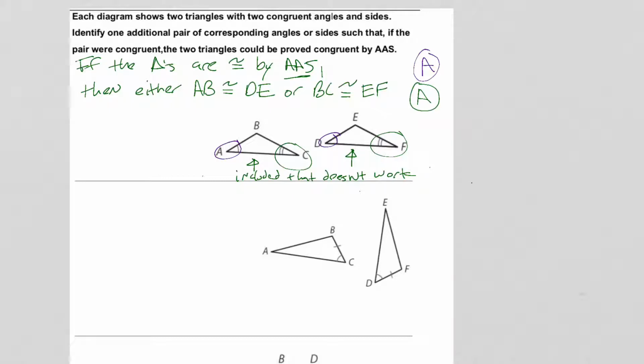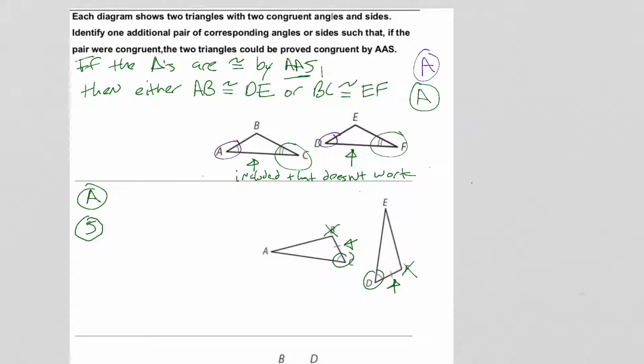So let's try this other example. So we've got an angle, right? Got an angle. Condition 1. And I've got this side, right? This side and that side. So we've got a side, but we need them to be non-included. So to be non-included, that would rule out angle B, and that would rule out angle F. So that leaves only two possible choices, or I should say maybe even just one possible choice.